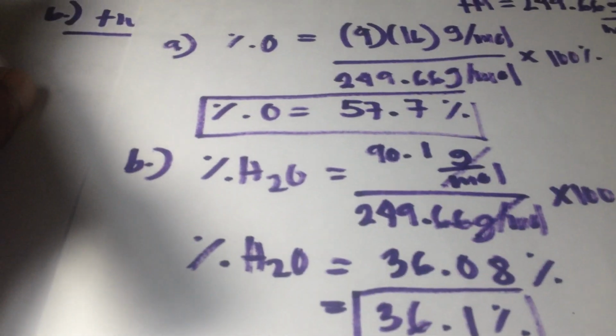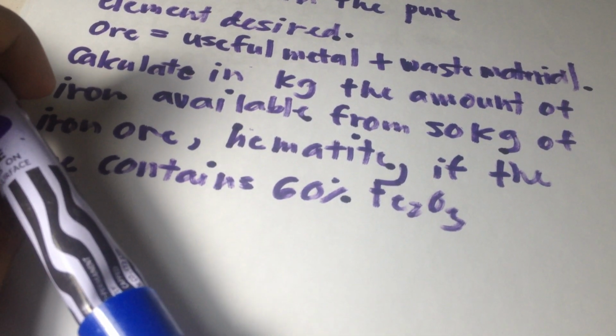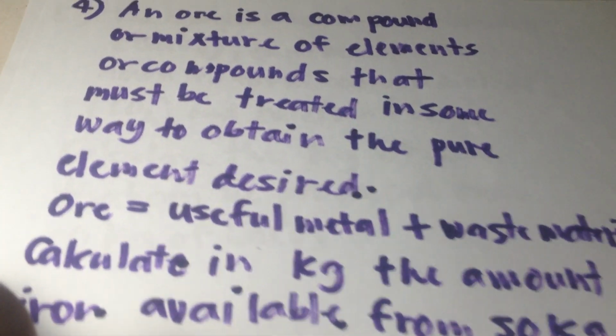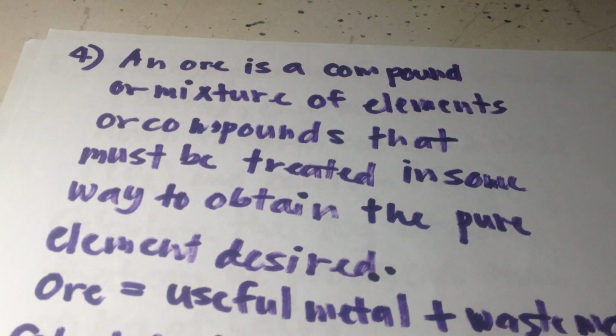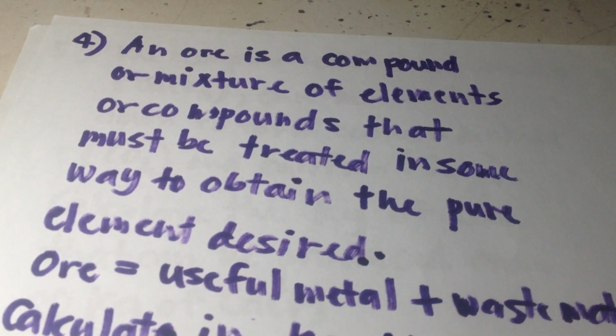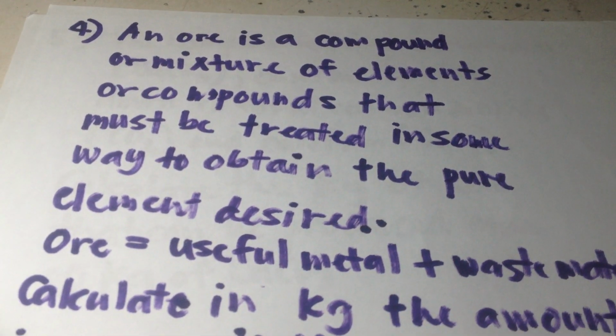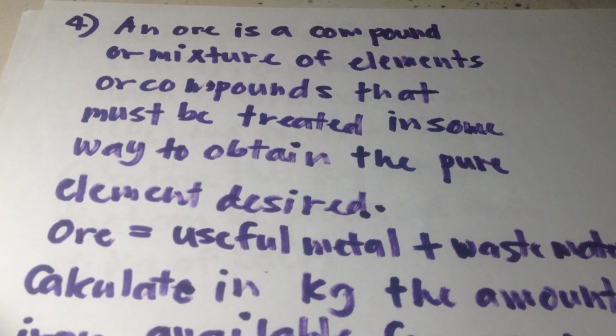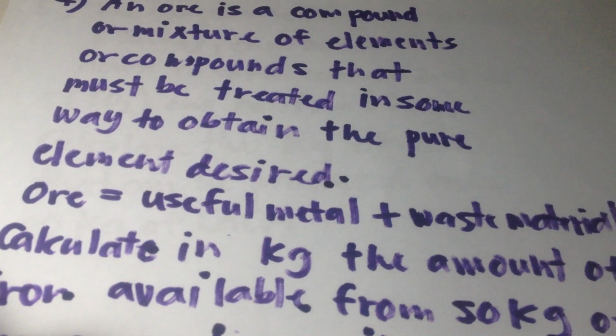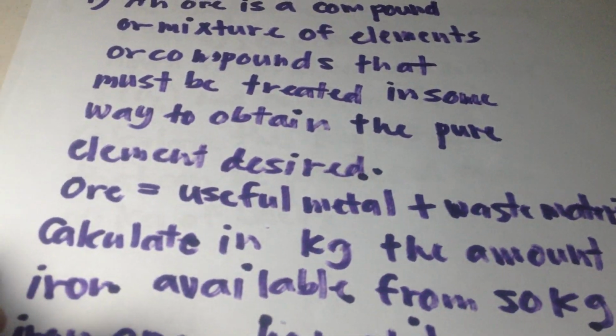Okay, and how about number 4? In number 4, an ore is a compound or mixture of elements or compounds that must be treated in some way to obtain the pure element desired. So ore equals useful metal plus waste material.